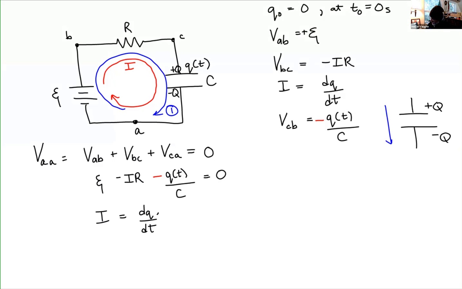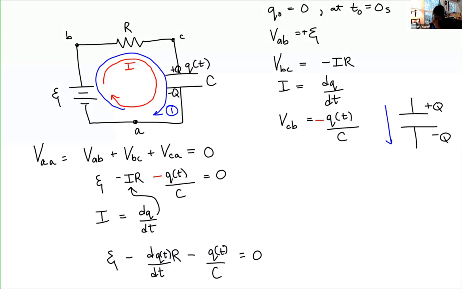I am going to add this expression to our equation. So this is now dq/dt times the resistance, minus Q over C. And I'll just leave Q as a functional symbol here for the charge, because we need to find charge as a function of time ultimately. And this is equal to 0.